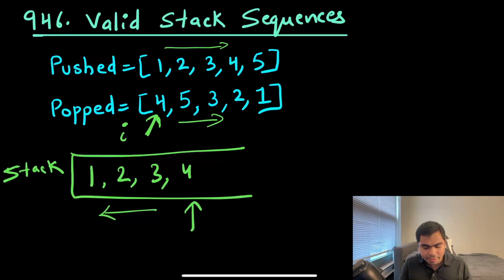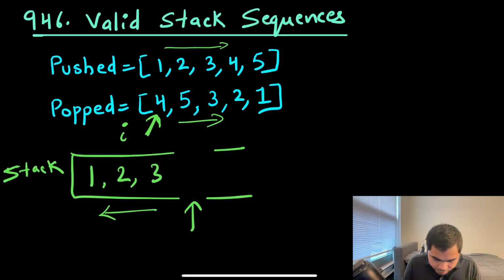So rather than going to push again, I can just start popping right from here. That's a possibility, because I might have appended those values. So I will have a while loop at this position to check that. I will be popping 4 right from here.